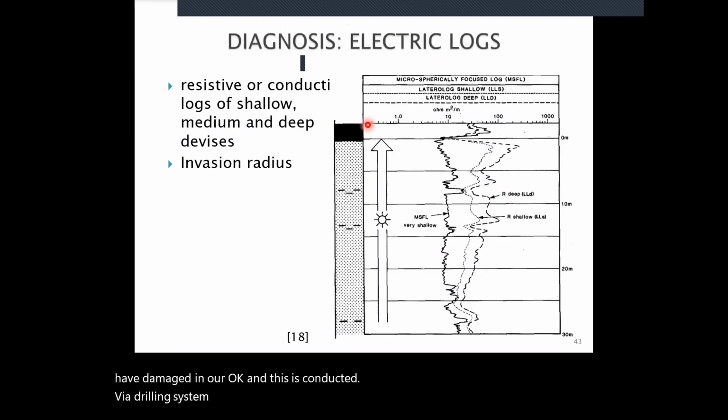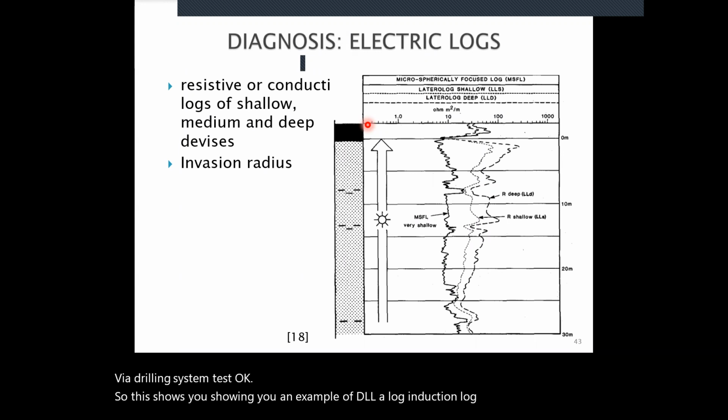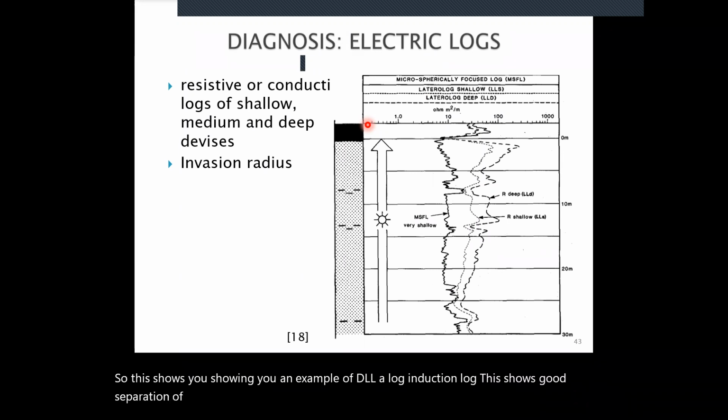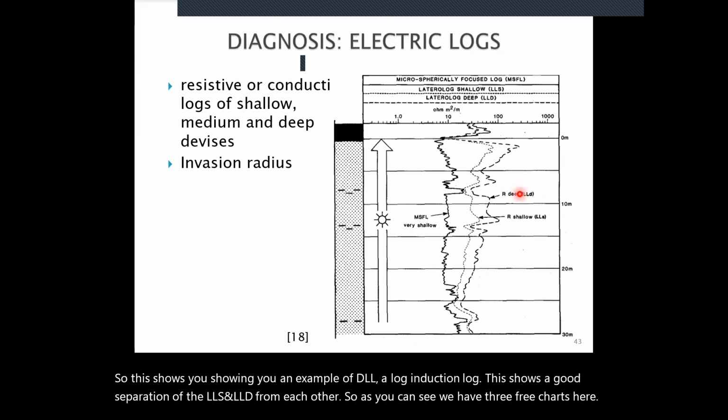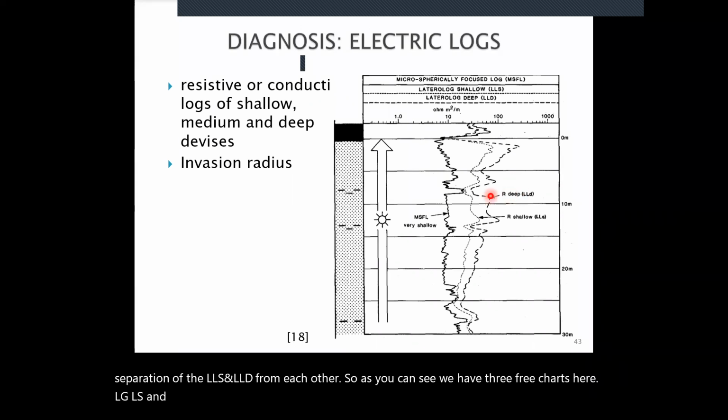Okay, this is showing you an example of a DLL log, an induction log. This shows a good separation of the LLS and LLD from each other. As you can see, we have three curves here: LLD, LLS, and MSFL. The differences between these can semi-quantitatively give us the region of the permeable formation.